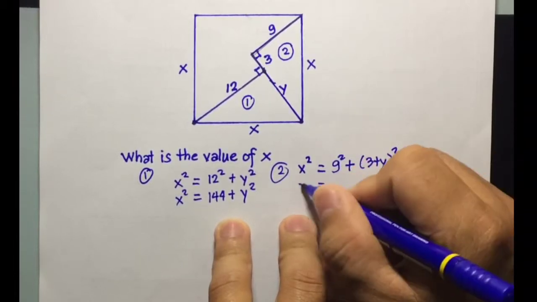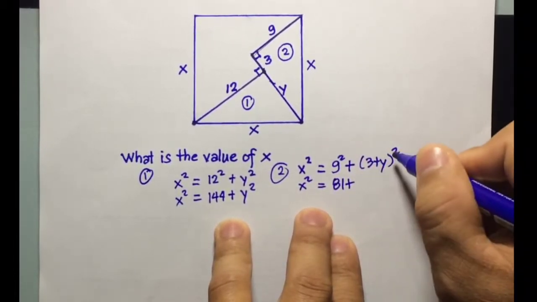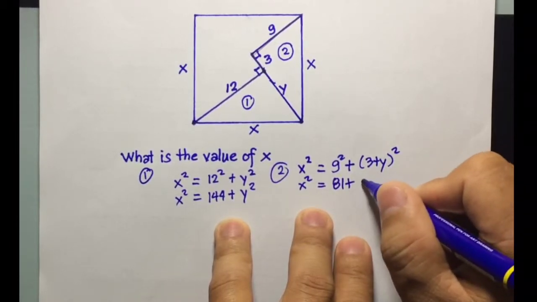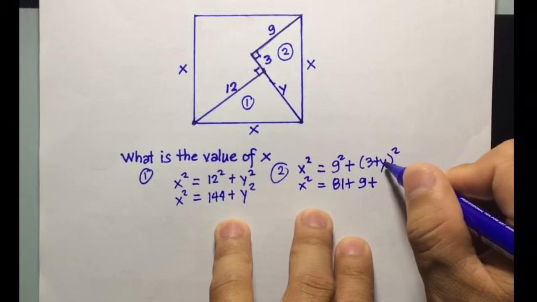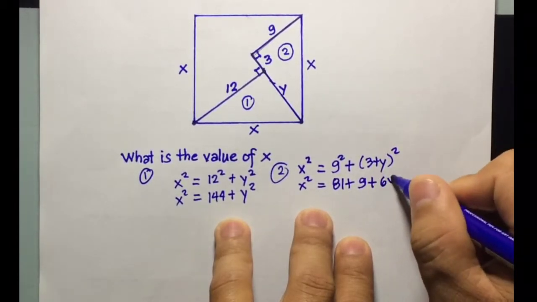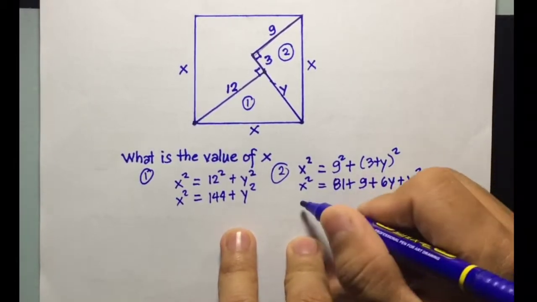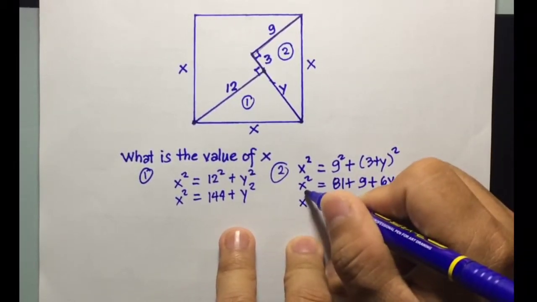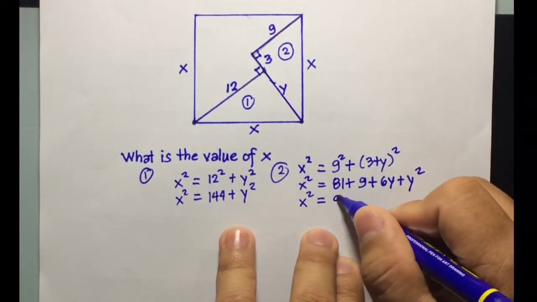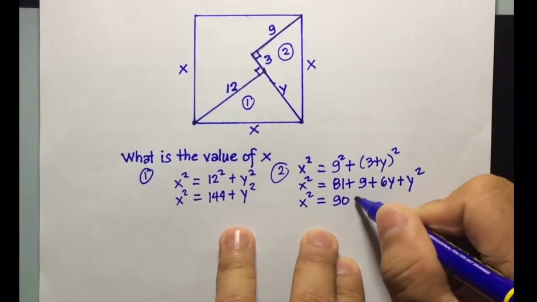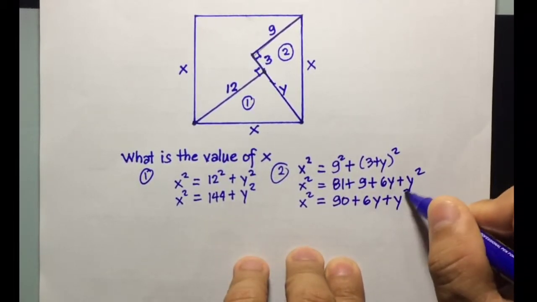Then 9 squared is 81. Then (3 plus y) squared is 9 plus 3 times y is 3y, times 2, 6y, plus y squared. Then simplifying, x squared equals 81 plus 9 is 90, plus 6y plus y squared.